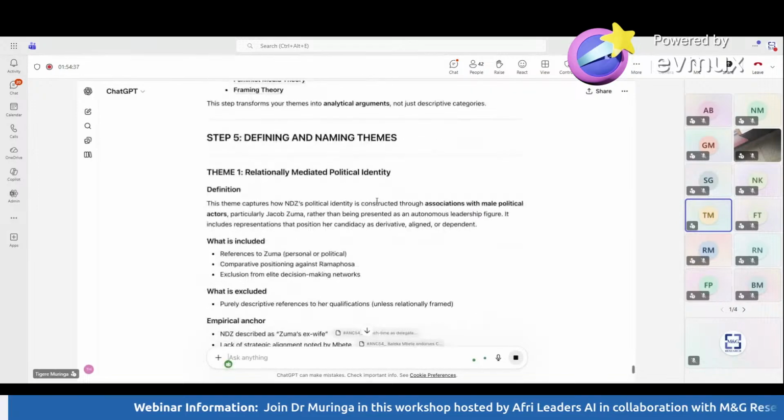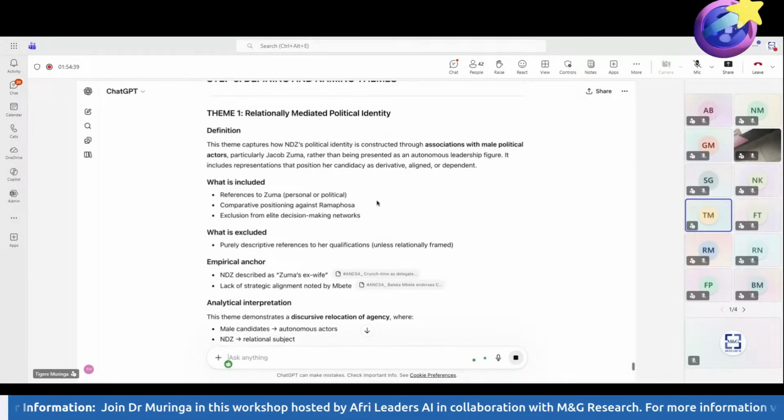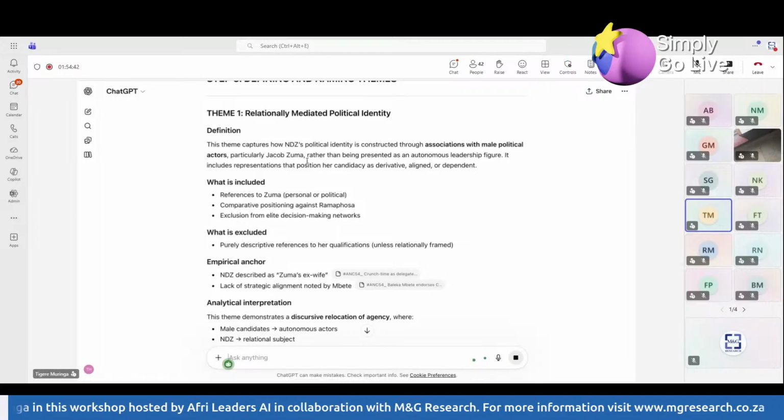So step 5 is defining and naming themes. This is what you need to do. The relationally mediated theme is our first theme.